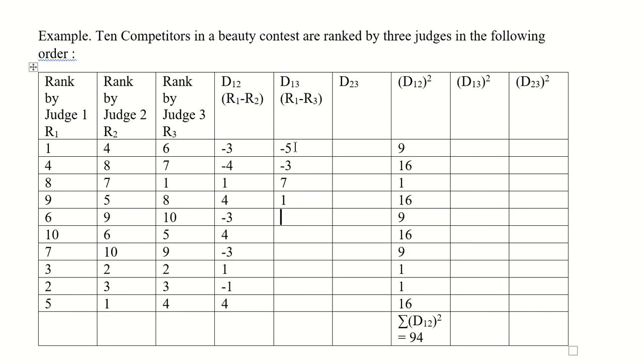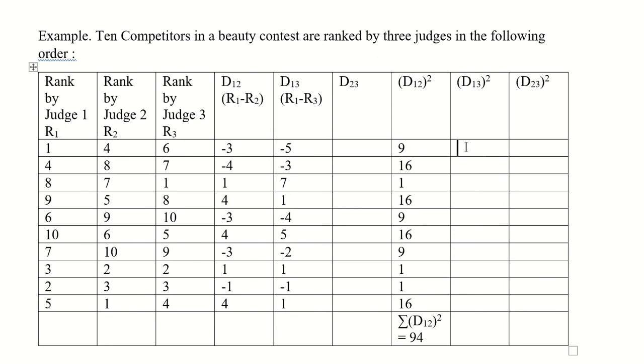Then we have minus 4. 6 minus 10, then we have 5. 10 minus 5 is 5. 5 minus 2. Then we have 1, minus 1 and plus 1. So these are the values I have obtained by R1 minus R3.